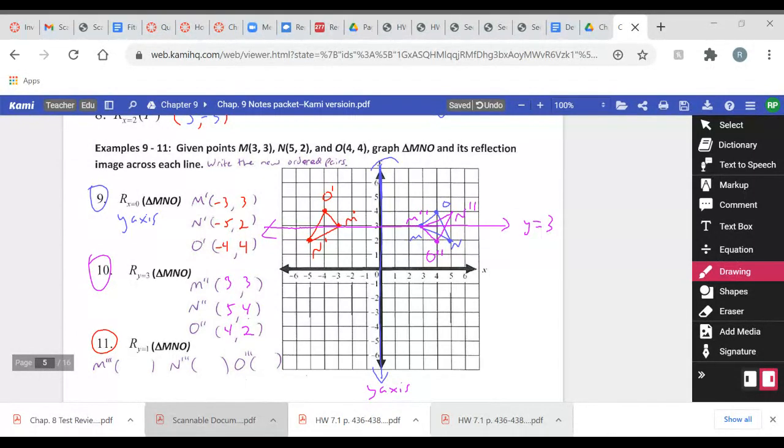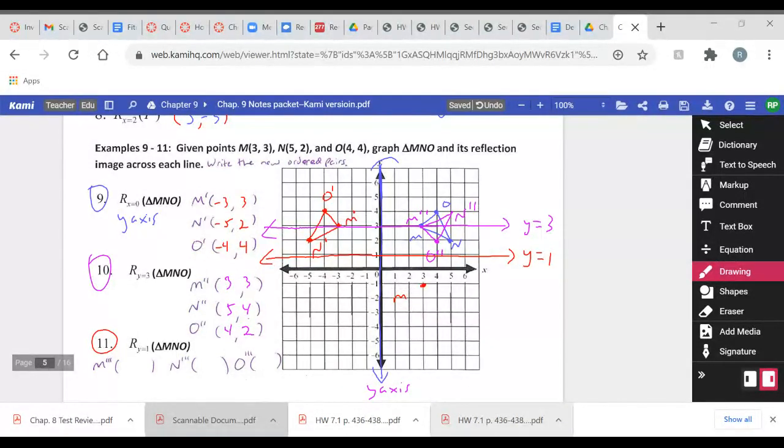So I know the line y equals 1 is a horizontal line, again, going through the y-axis at 1. I'm again starting with the blue figure, the original pre-image, and reflecting that about the red line. And so I can see that M is 2 above, so I'm going to take it 2 below.